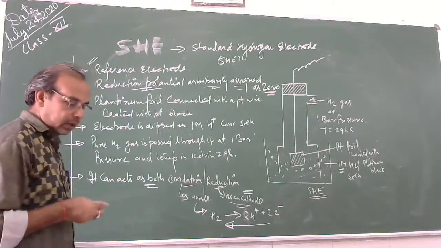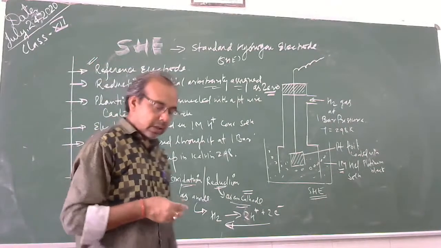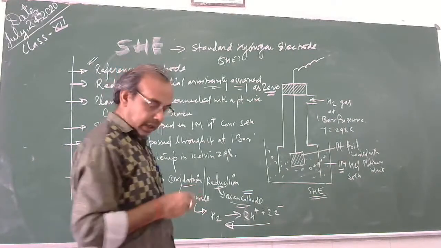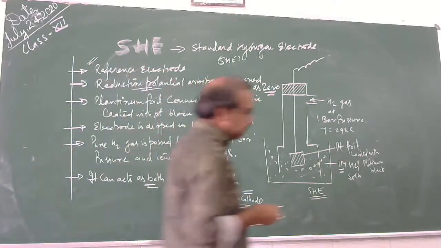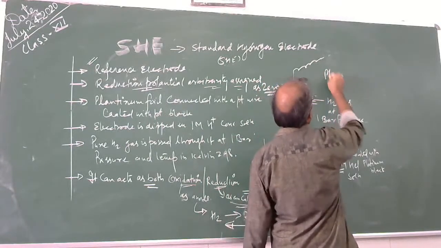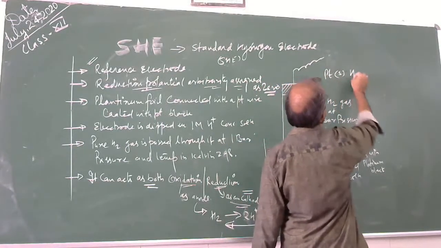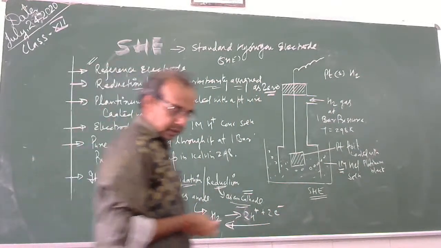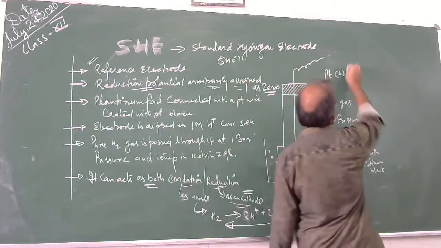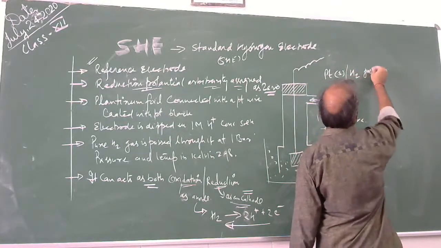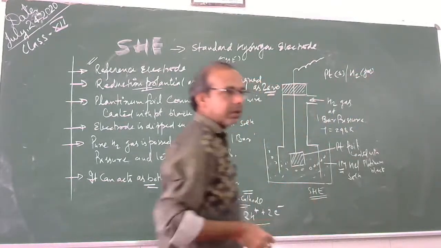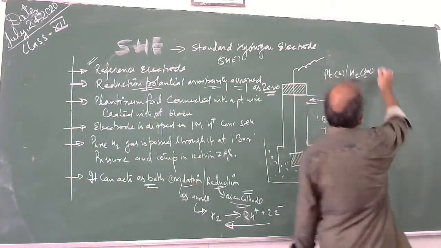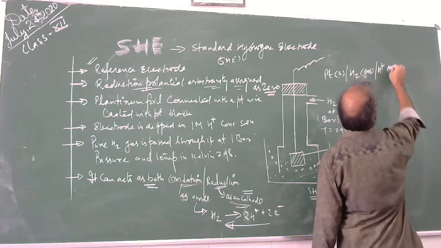How would we represent this cell? This cell can be represented like this: Pt(s), H2(g) | H plus.